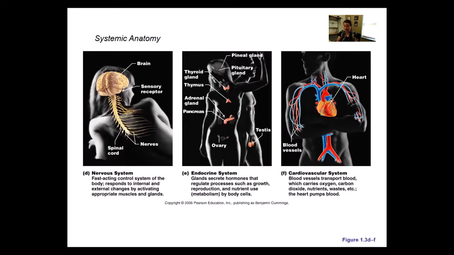So unlike the nervous system, the endocrine system uses the blood as opposed to nerve cells called neurons. The endocrine system uses hormones released in the blood. And it takes a little bit of time in order to get those hormones to their target tissues. But once they're there, they can produce a relatively long-term response.